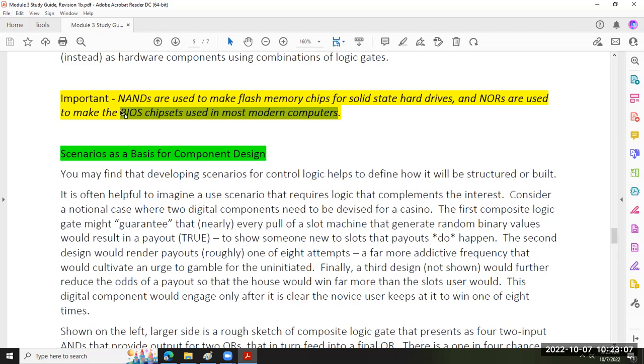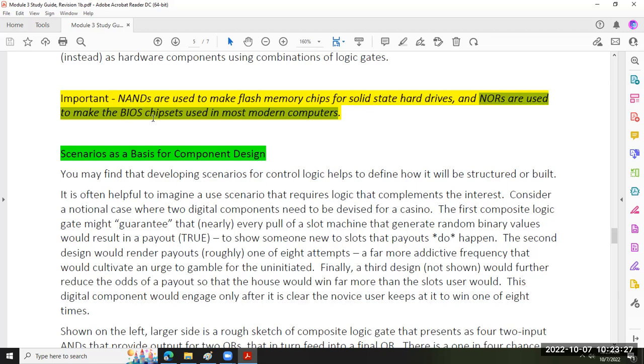There are advantages to using NANDs for this particular interest, and there are advantages using NORs for this particular interest. The BIOS chipset is a special integrated circuit that sits on the motherboard.